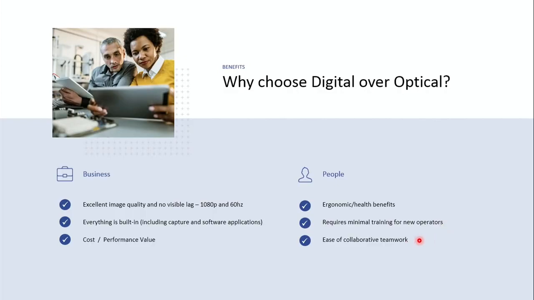And the other thing is, without an eyepiece, everyone is looking at the same thing at the same time. So we have a screen. If we're doing collaborative work, we're both looking at the screen. We're not going back and forth to an eyepiece.